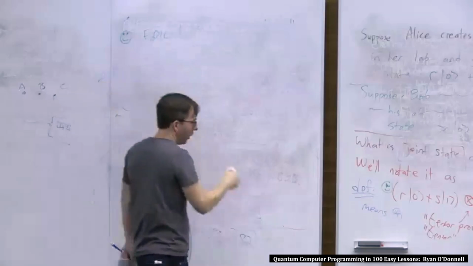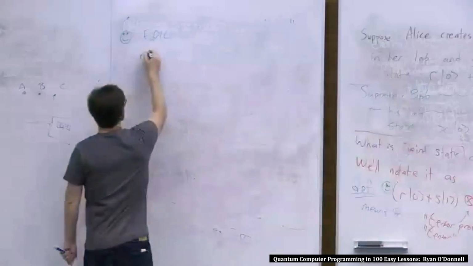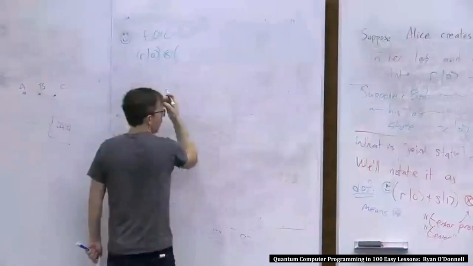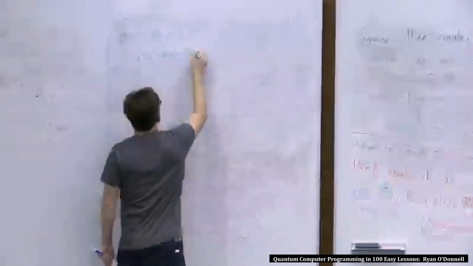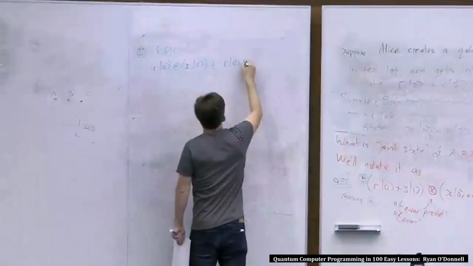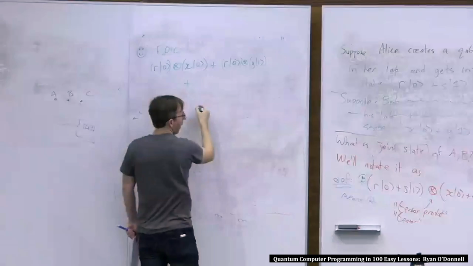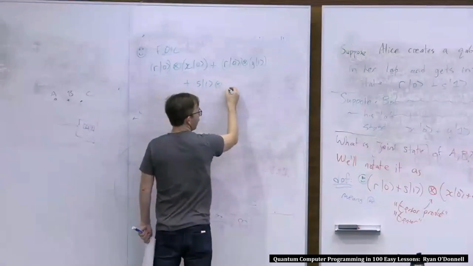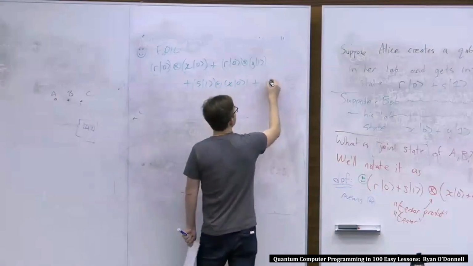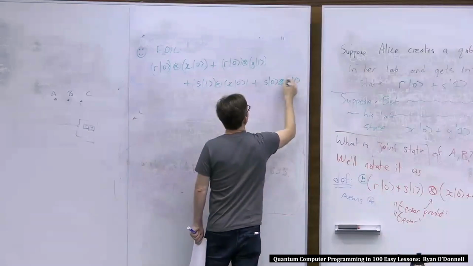So we expand this out, thinking of this as times. We get R0 tensor product X0 plus, then outside, R0 tensor product Y1, plus the inside, that's S1 tensor product X0, plus the last is S0 tensor product Y1.